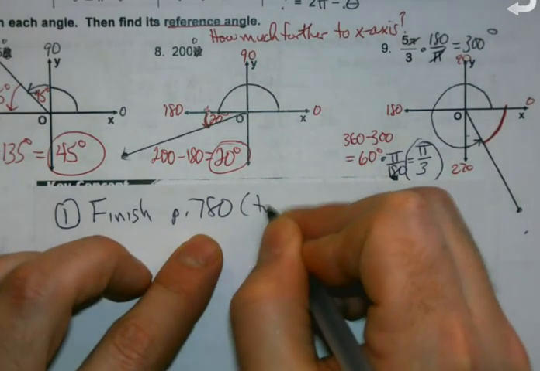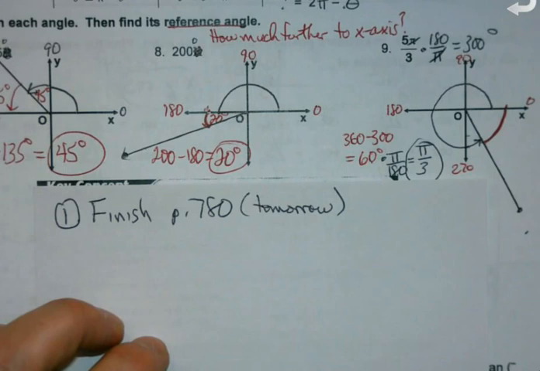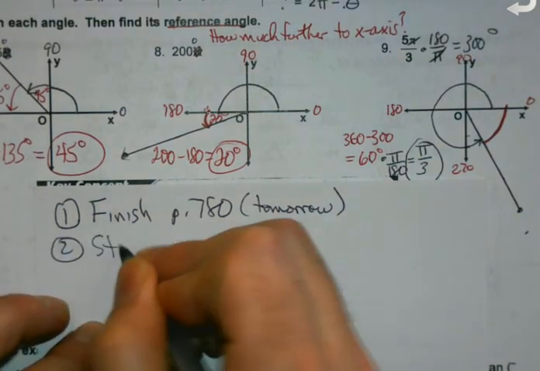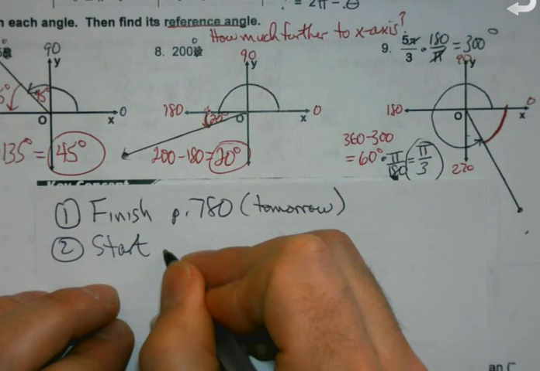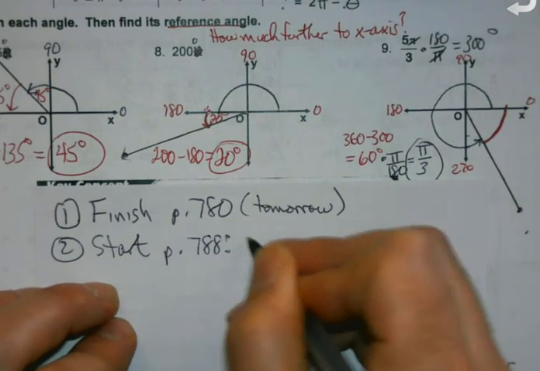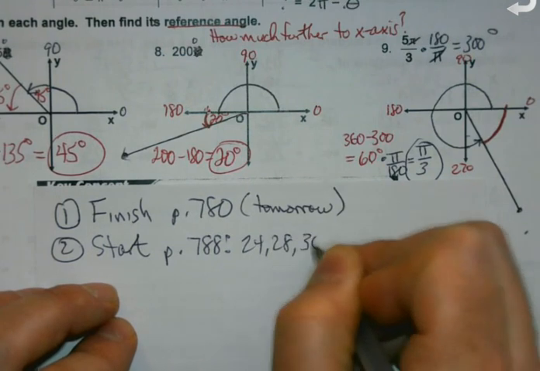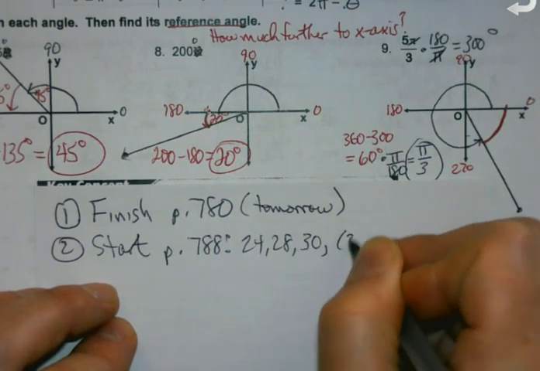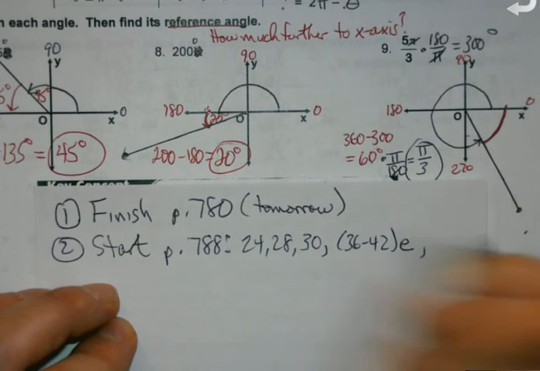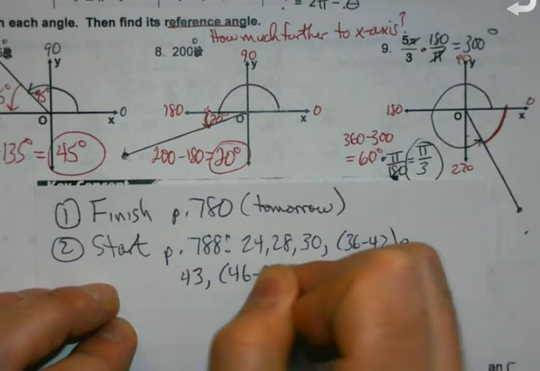But for the most part, that needs to be done tomorrow. Part 2. We're going to start page 788. And let me list these off. Because I'm already going to start making adjustments and we haven't even gotten anywhere yet.